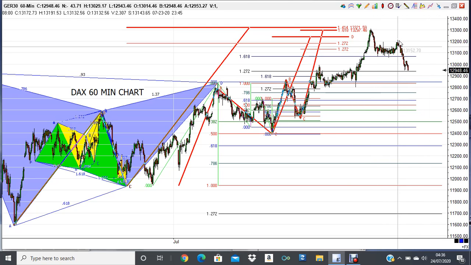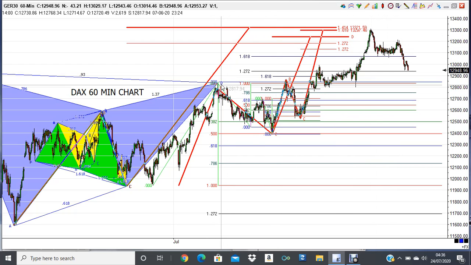There's your ABCD on your 60, but this point B here is the level that's defining the current uptrend. It's making higher highs and higher lows. Okay, higher highs, higher lows. So point B was a higher low at this point until we've made point C, which is the first lower high for a while.